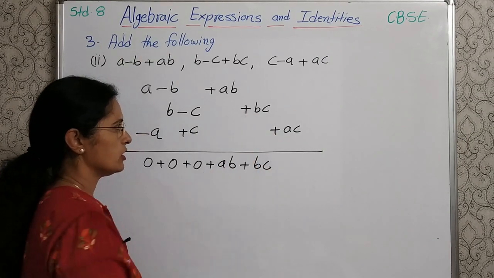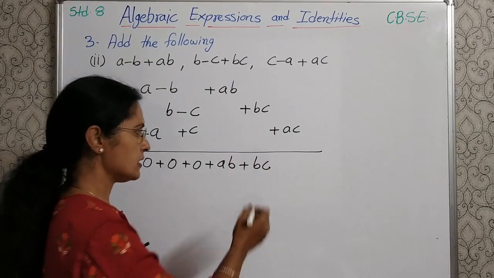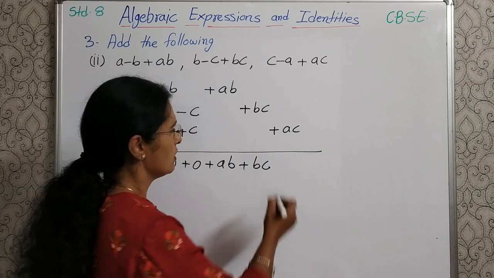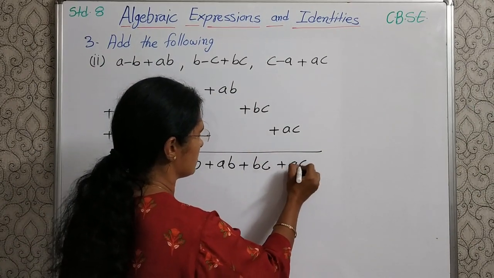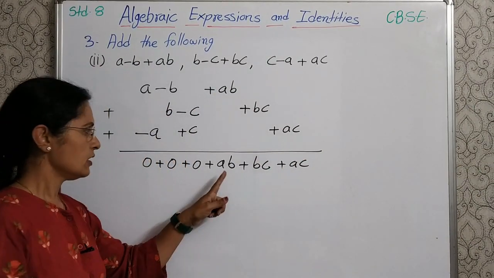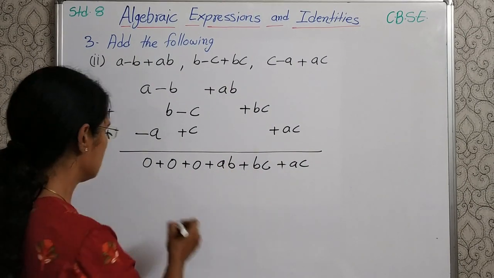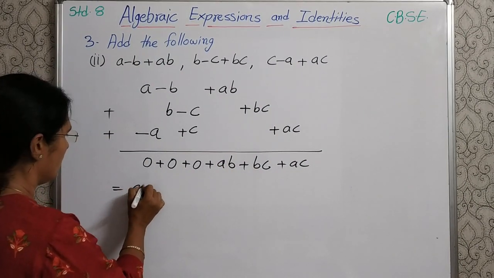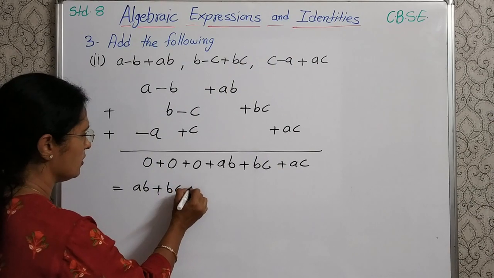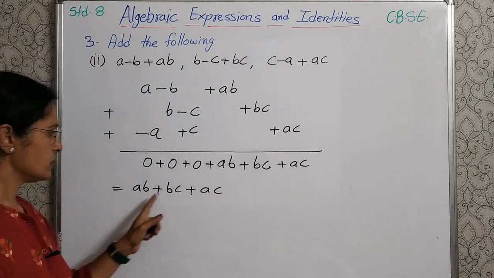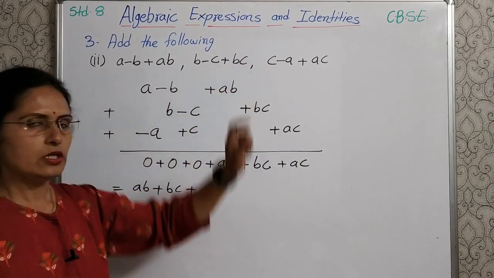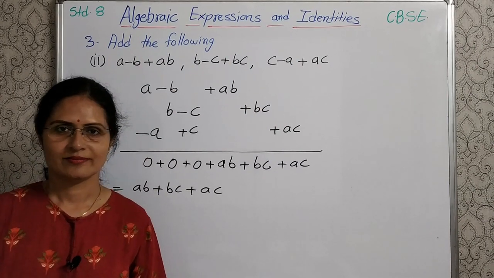There is no other like term to add in this BC. And plus AC also as it is here. So the answer is AB plus BC plus AC. AB plus BC plus AC is the addition of these three expressions.